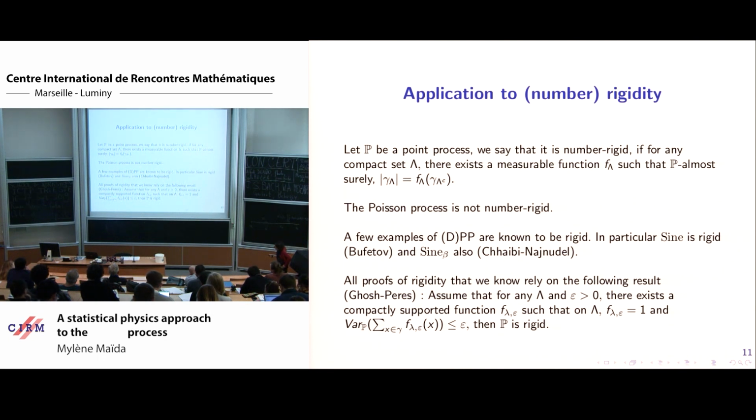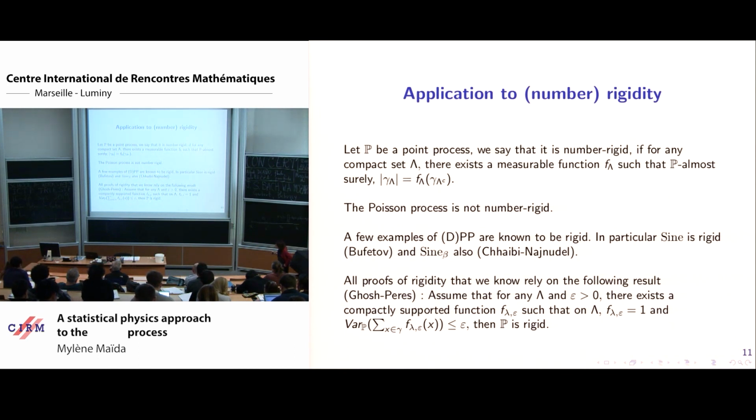So here you see that for the x that are on gamma lambda, the contribution would be exactly the number of points inside lambda, and so you have to show that you have a good control on this. So if you have such a control on the variance, P is rigid.